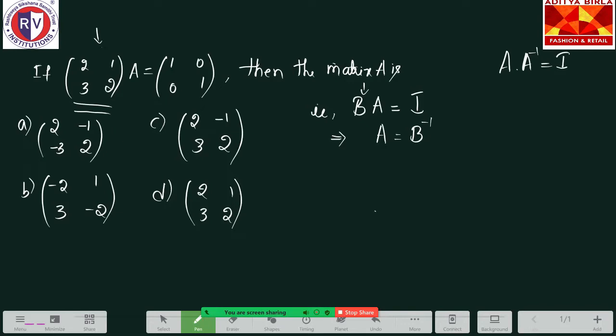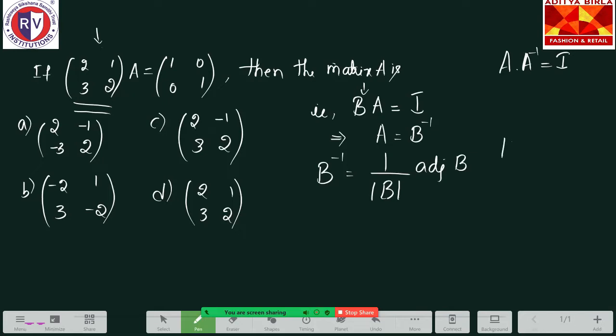Okay, so you know how to find out the inverse, right? It will be 1 by determinant B into adjoint of B. And B inverse exists if and only if it is a non-singular matrix. That is, what is the condition for B inverse to exist?